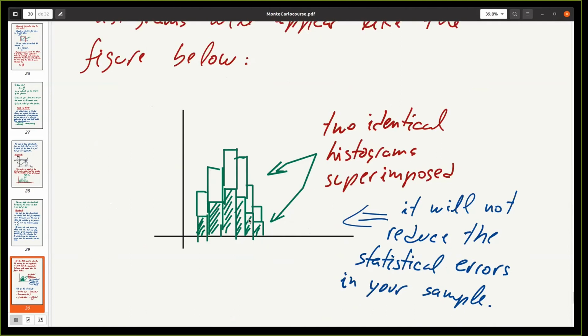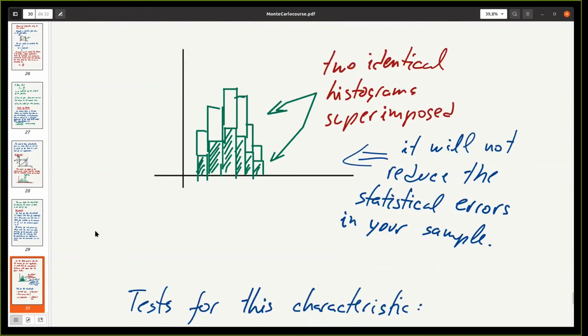So this distribution is the same as this one. What you have is a superimposed distribution, histograms of the same type. This will not reduce the statistical errors in your sample. You spend time generating and performing your Monte Carlo method, but it's not even improving your statistics. So you are just losing time and computational capacity.